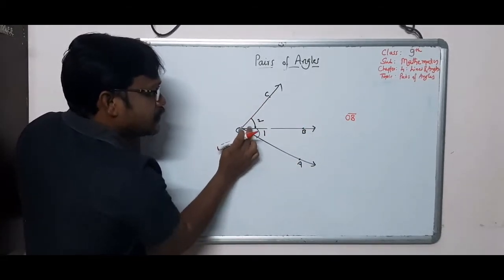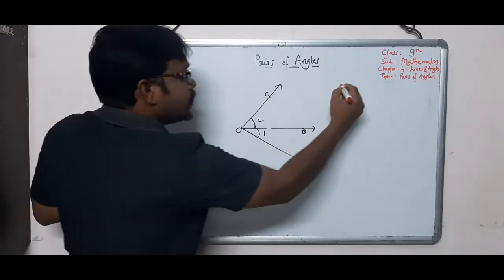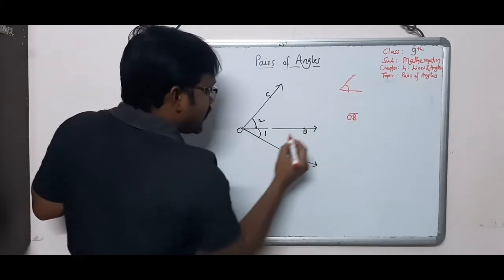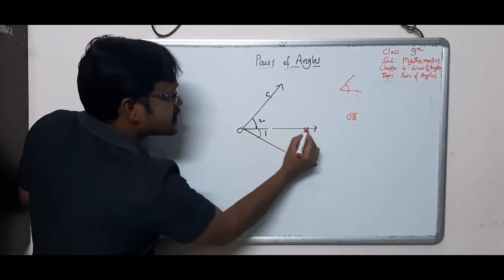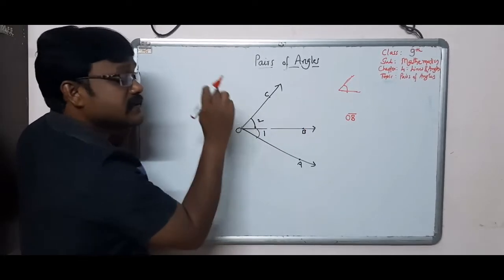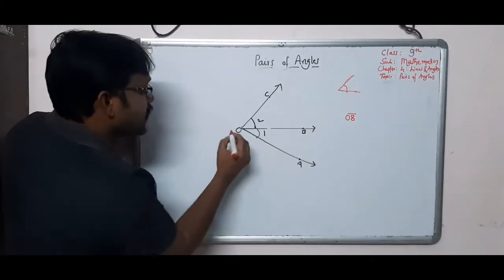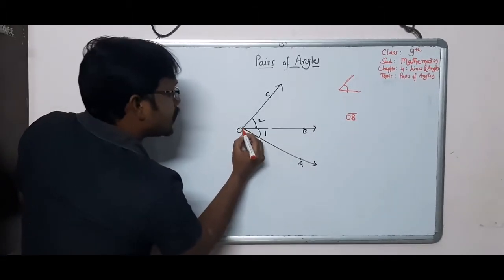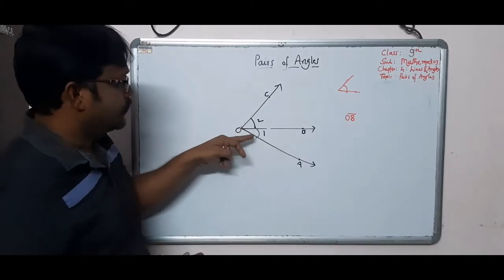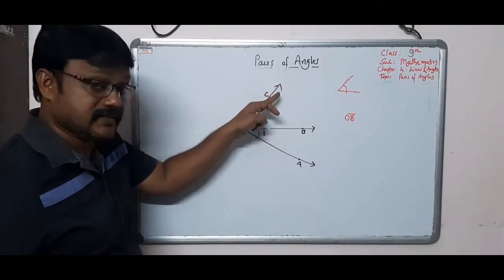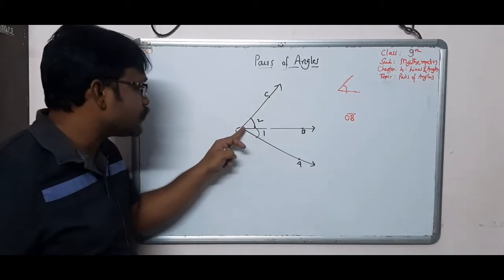As we know, these are the arms of an angle. So OB is an arm for angle 1 as well as for angle 2. So OB is common arm, and also O is a common vertex for both angles.